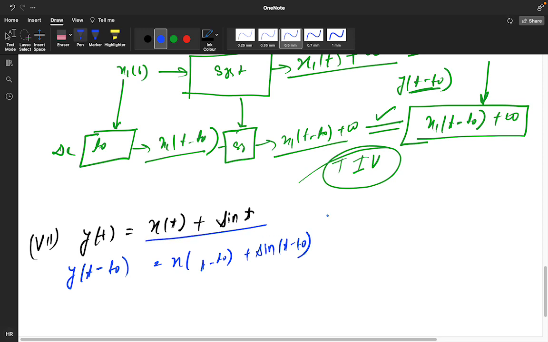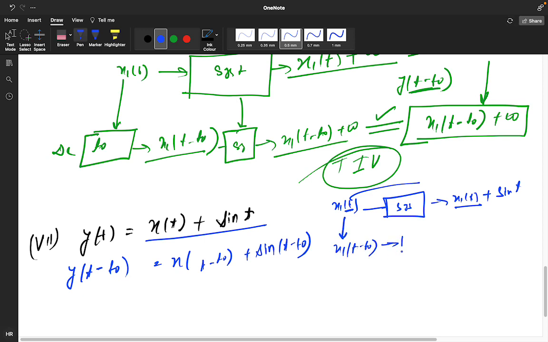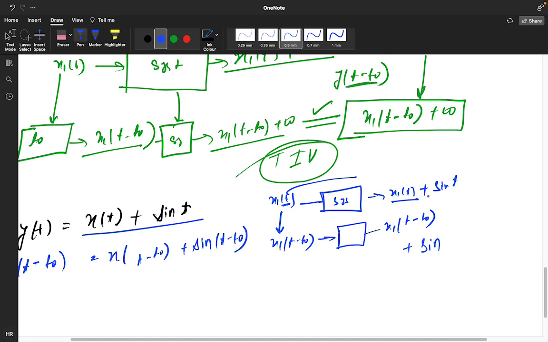What is the system doing? If you are giving x1 of t, it's taking x1 of t and adding sine t. Whatever the input is, it takes it as it is and adds sine t. If I delay first, x1 of t minus t naught, I will get x1 of t minus t naught plus sine of t minus t naught.